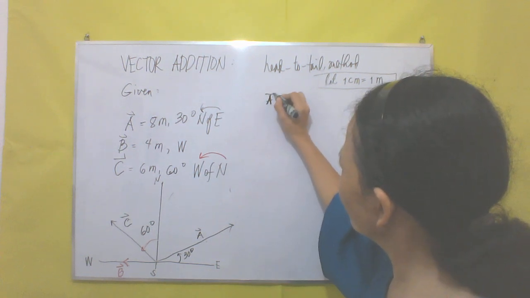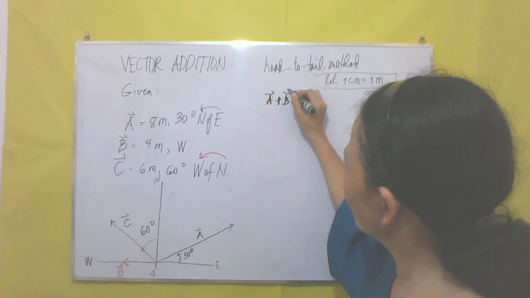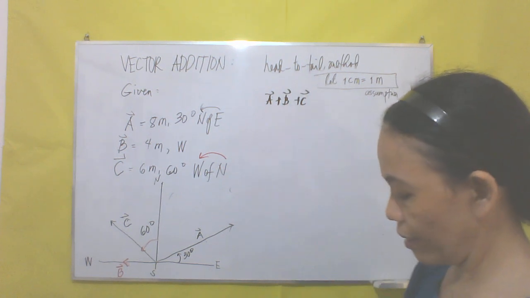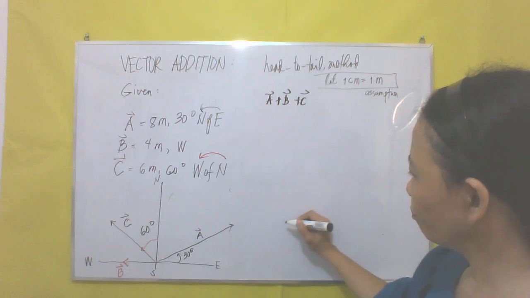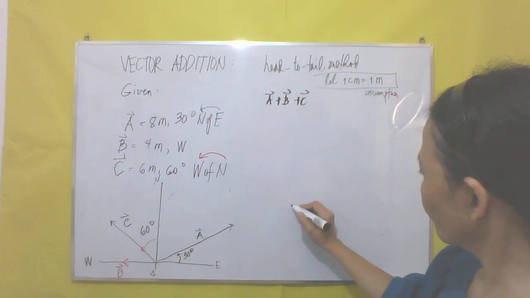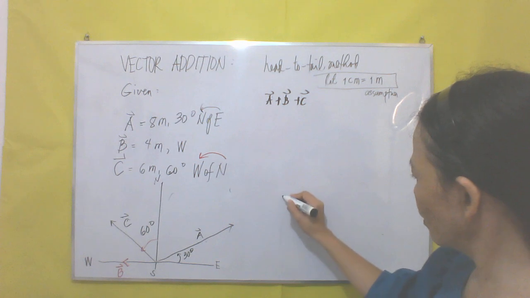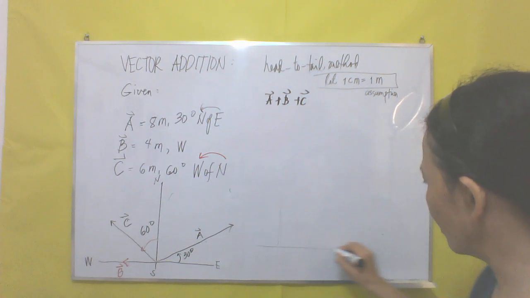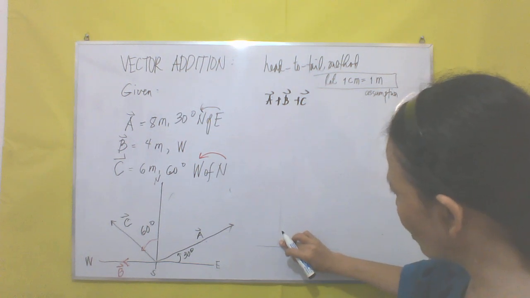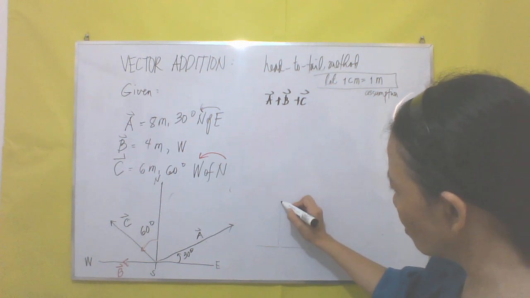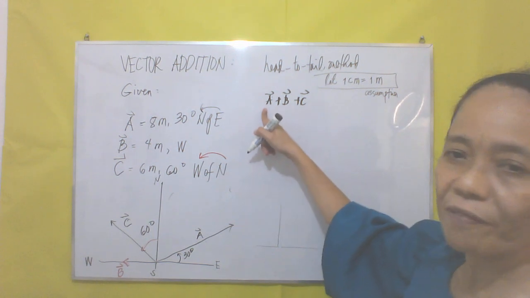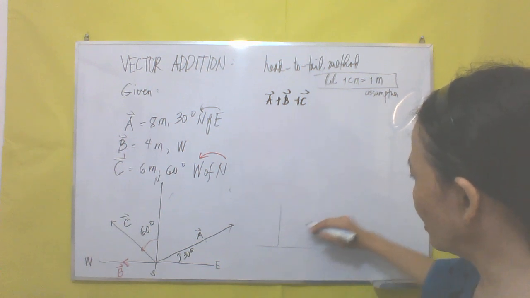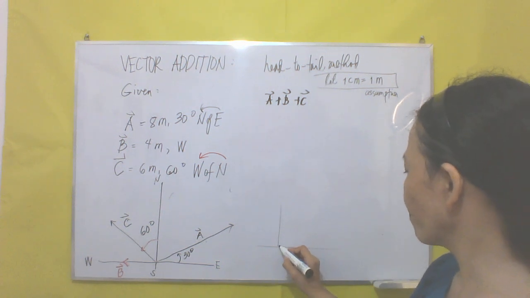Again, draw a small Cartesian plane as your guide. Draw first vector A. So 30 degrees is somewhere here.